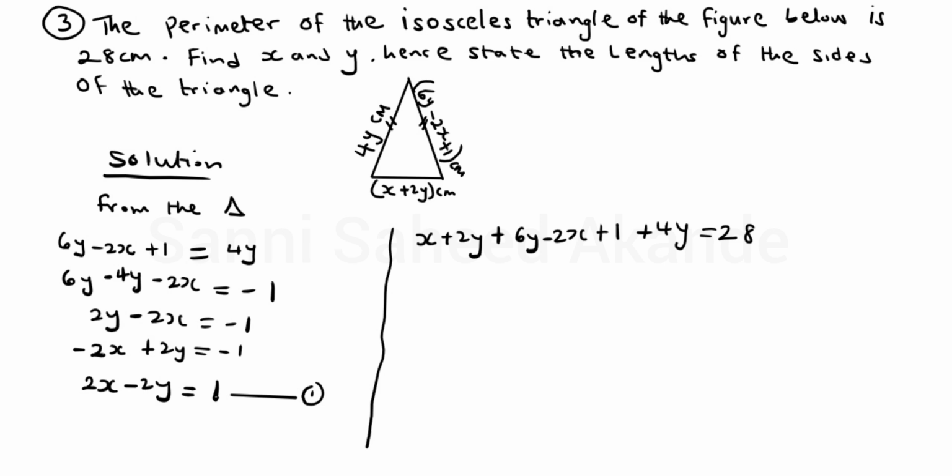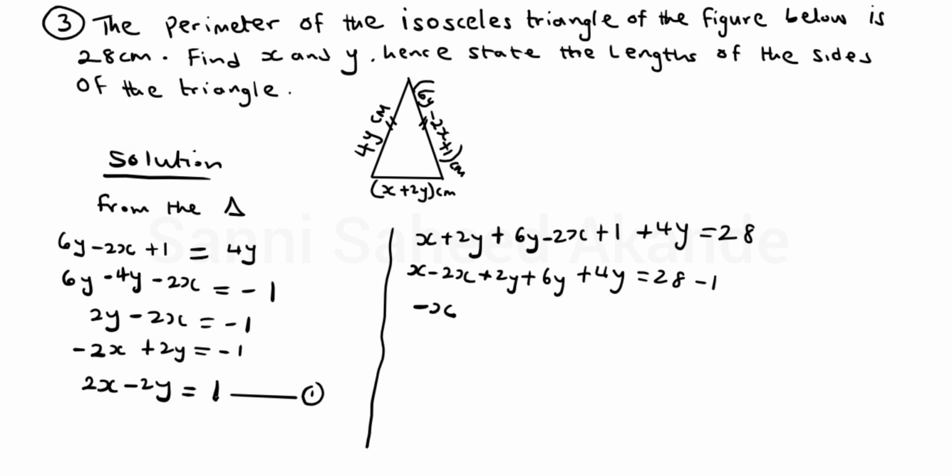Now we have two terms with x here. Wait, let me collect the like terms so that you understand what I'm talking about. x minus 2x, then plus 2y plus 6y, then plus 4y equal to 28, then minus 1. Understood? So x minus 2x will give us minus x.